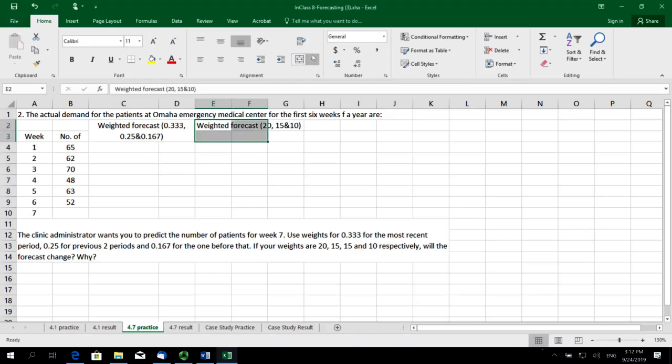I want to merge and center them together, just a little bit to organize the table.